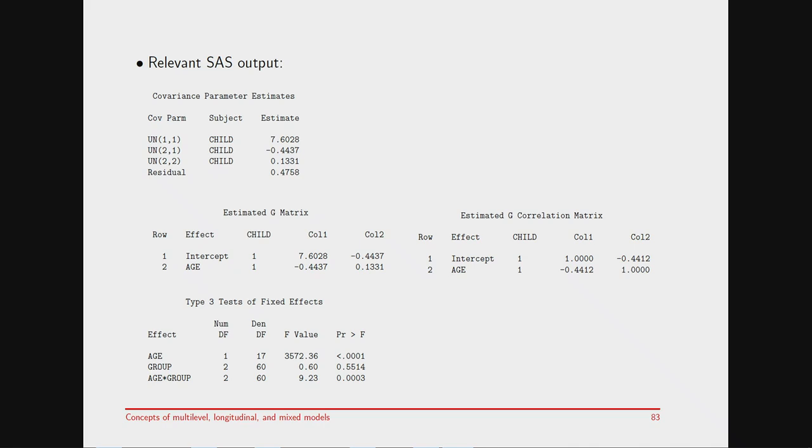So the variability in the intercepts is 7.6. The variability in the slopes is estimated to be 0.13. The covariance between the intercepts and the slopes is estimated to be minus 0.44. And the residual variance that we already had before is estimated to be 0.47.